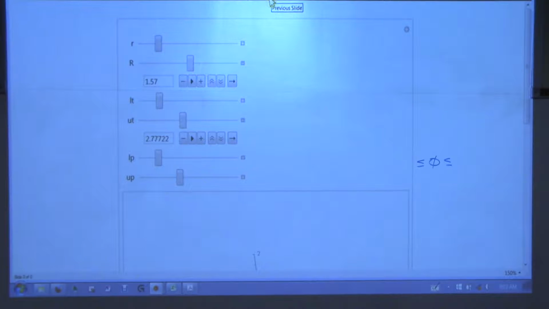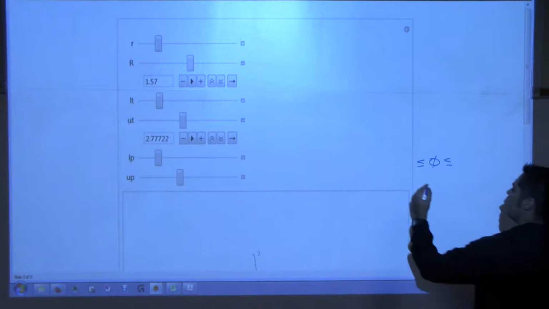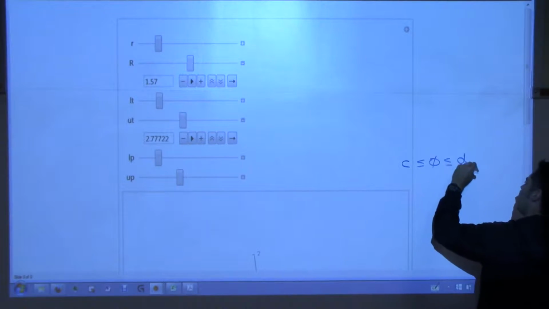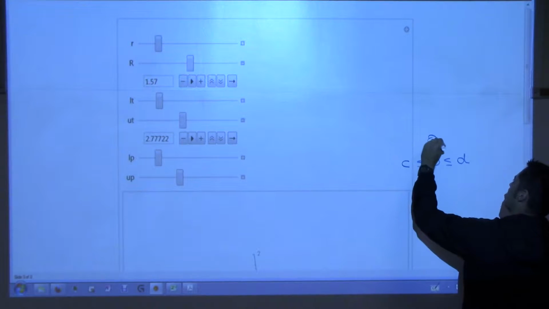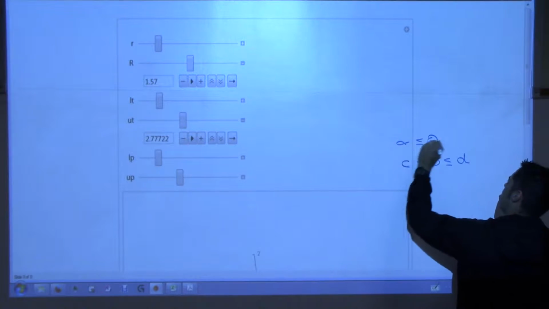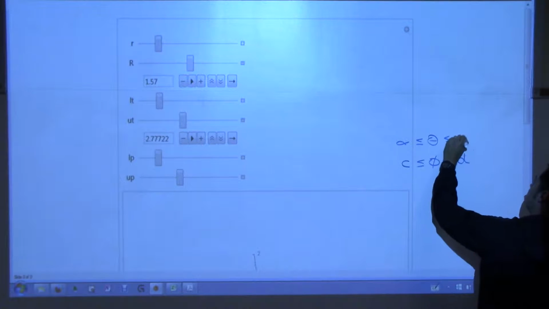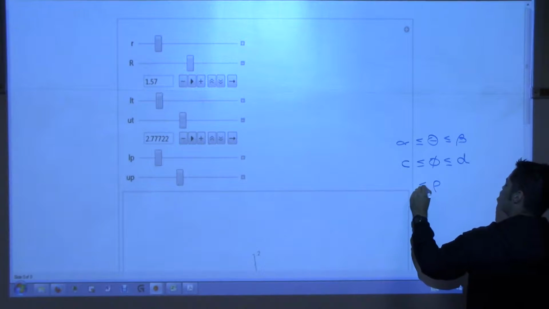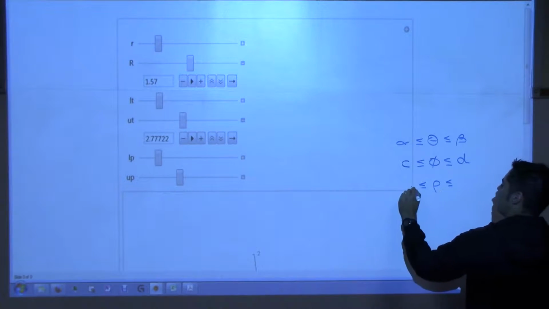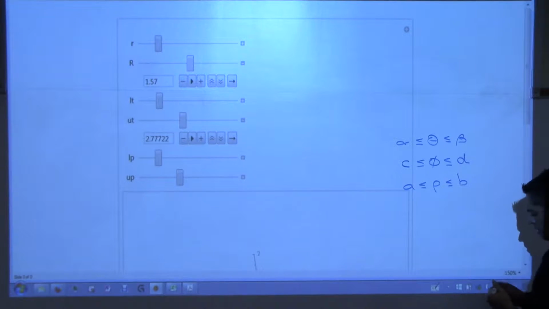So if I restrict my phi between two constants C and D, my theta between alpha and beta, and my rho between A and B.